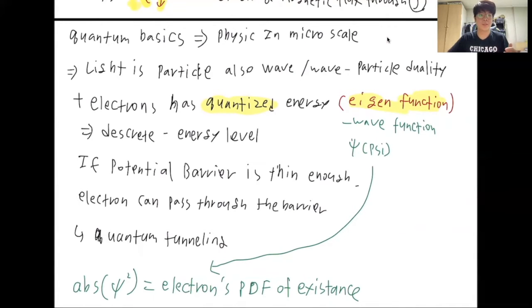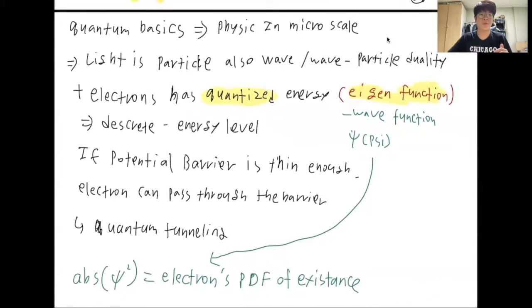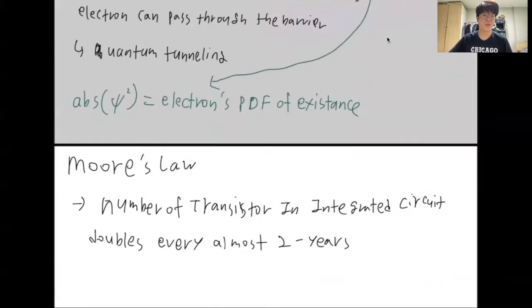To represent these levels, we use Schrodinger's equations with eigenfunctions and wave functions called psi. The absolute value squared of psi is the probability density function of the electron's existence. And there is another property: if a potential barrier is thin enough, then electrons can pass through the barrier. We call it quantum tunneling.